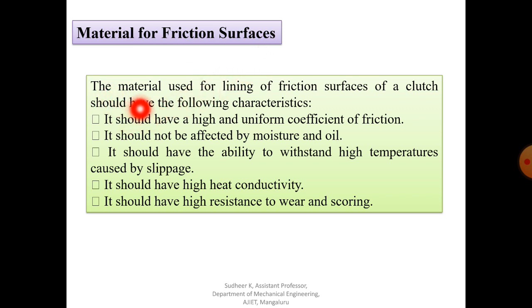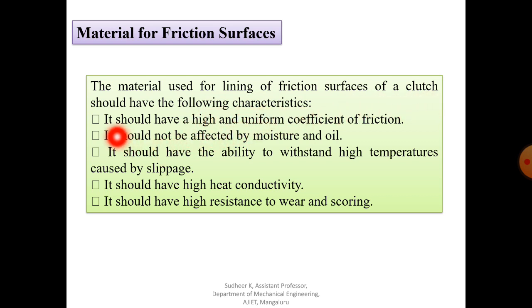For that reason we have to provide a proper material, and it should possess some important characteristics. The material used for lining of friction surface of a clutch should have the following characteristics.